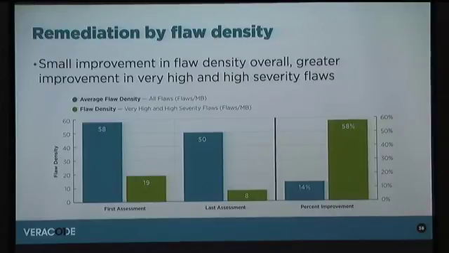What this suggests to us is that customers, and this should be no shocker, prioritize remediation of the high and very high severity flaws over fixing other ones. It almost suggests that their security policies may focus exclusively on those flaws. In other words, they may be intentionally ignoring remediation of those things that they view as less severe. Again, that probably makes sense logically, but I have the data to back it up.